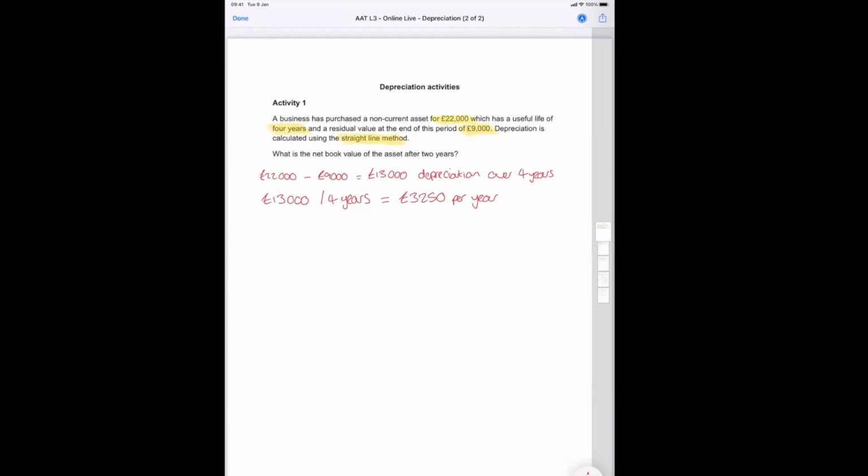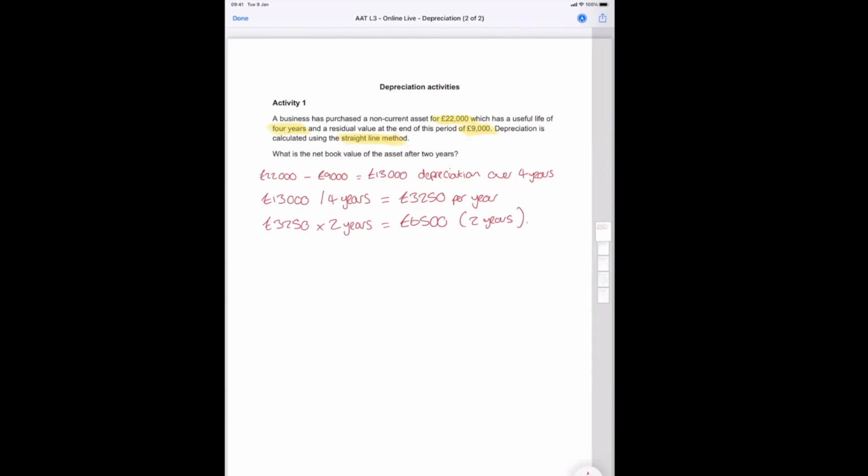We know our depreciation charge per year is £3,250, so we need to apply 2 years' worth of depreciation, which equals £6,500. That's 2 years' depreciation.